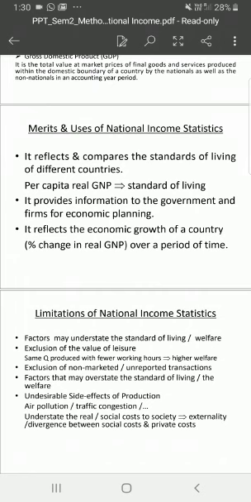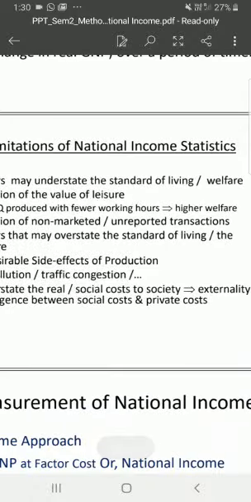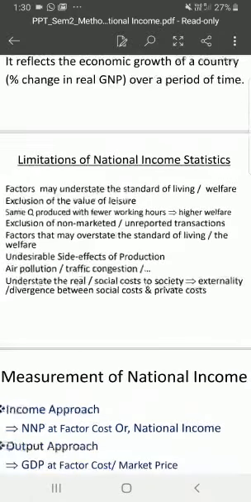Another thing that is grossly inadequately tackled in the national income account statistics is that the non-marketed or unreported transactions are huge in the case of an underdeveloped or a developing country.